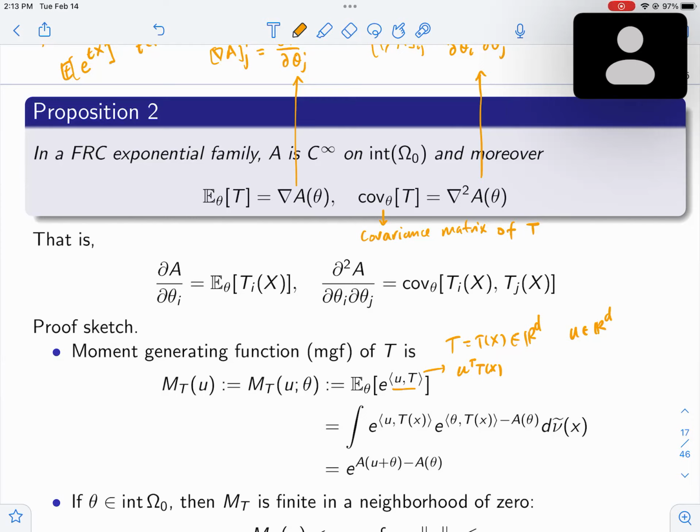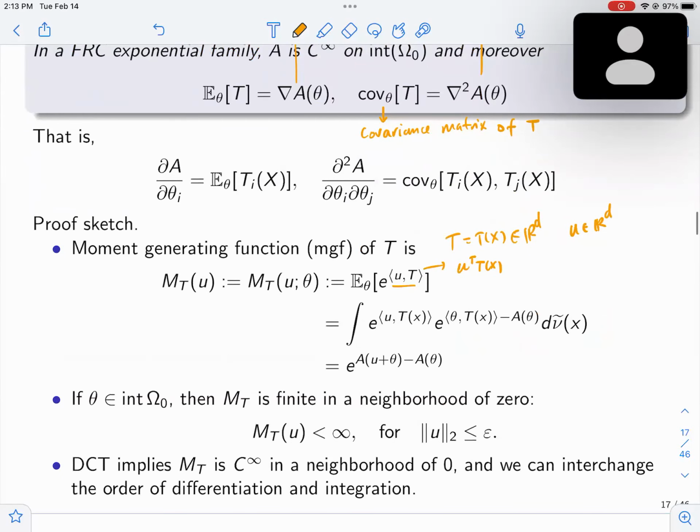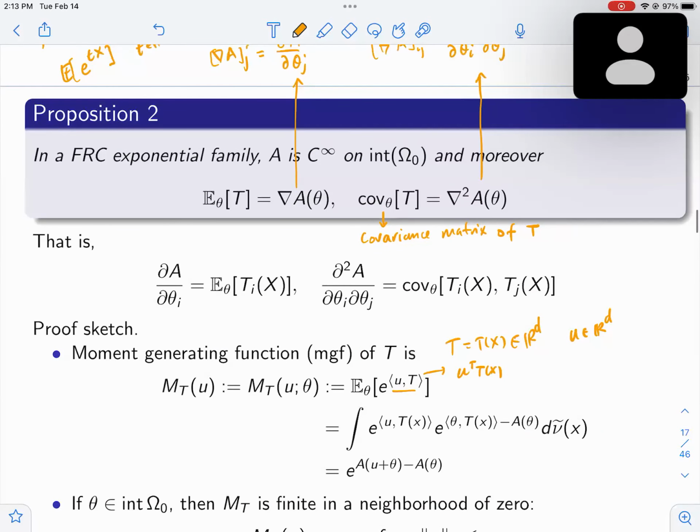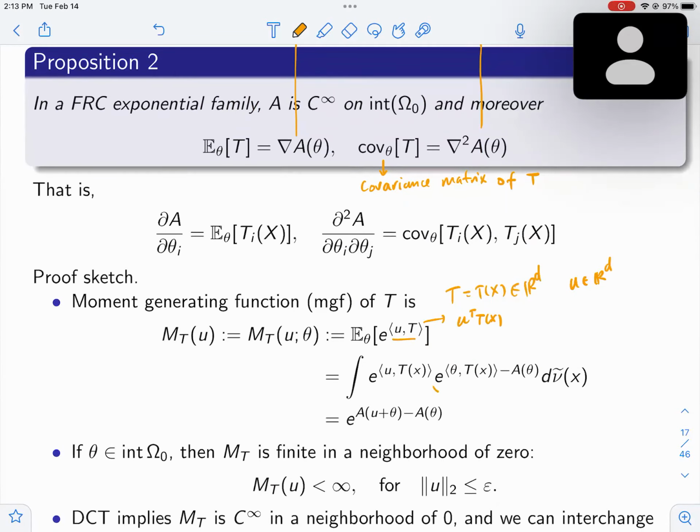So this is basically the density p theta of x, right? And this is just a function of x. So t of x, remember, is a function of x. This is some g of x, right?